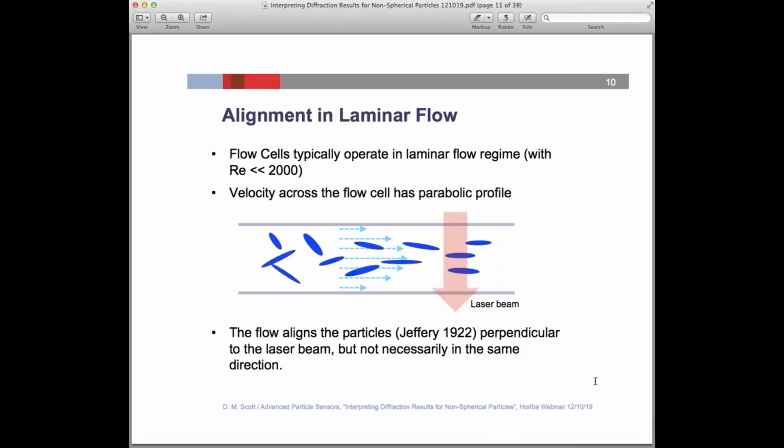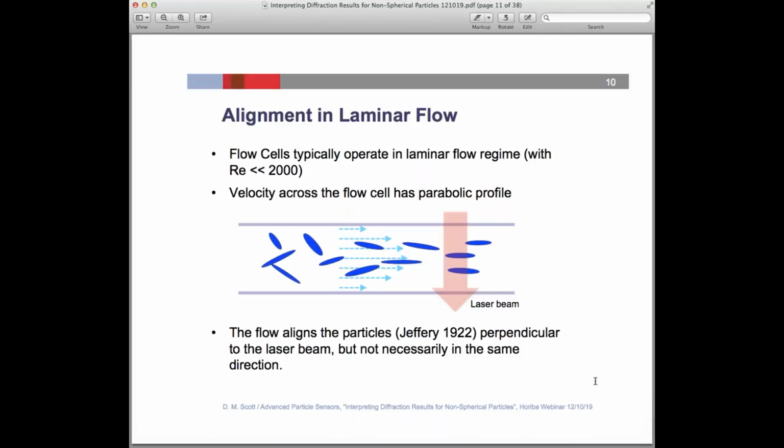Okay, the third thing that's quite interesting and different about non-spherical particles is what happens when you put them into a laser diffraction instrument. Here I'm talking specifically about a suspension that you might have to dilute and then put into recirculation in your instrument, so the particles are actually recirculating through the flow cell.